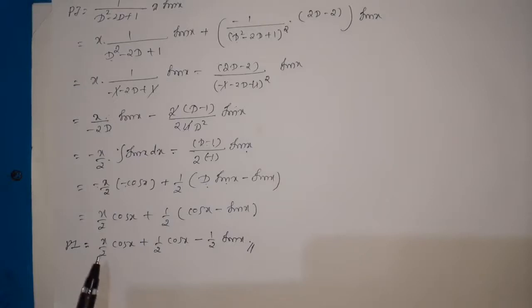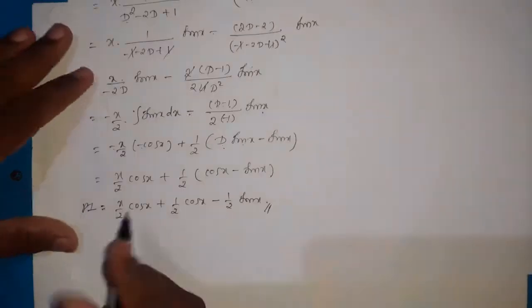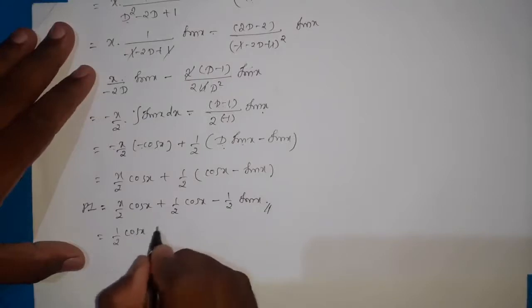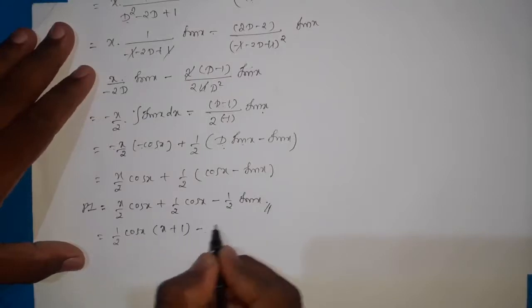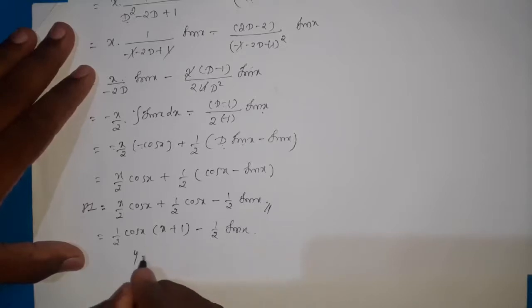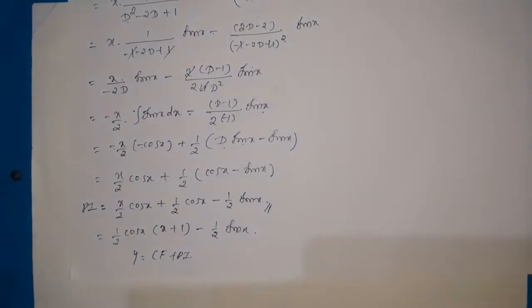So here you can take 1 by 2 cos x and remaining x plus 1. So do that also: 1 by 2 cos x into x plus 1 minus 1 by 2 sin x, and finally write the complete solution as y equal to CF plus PI.